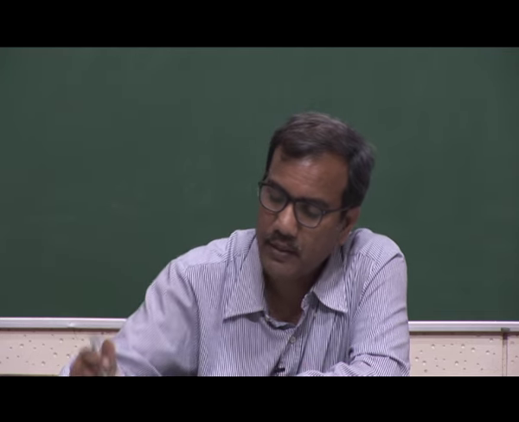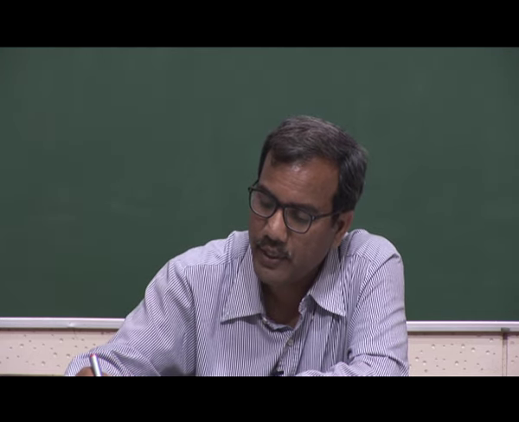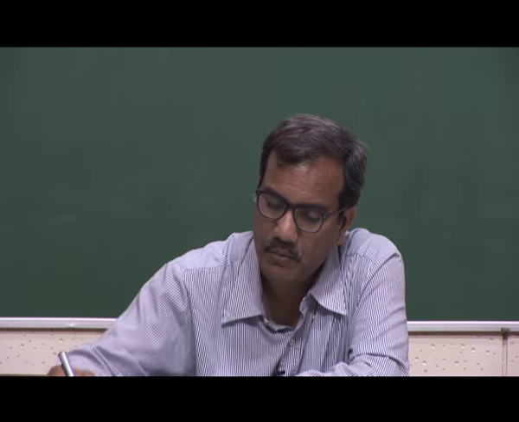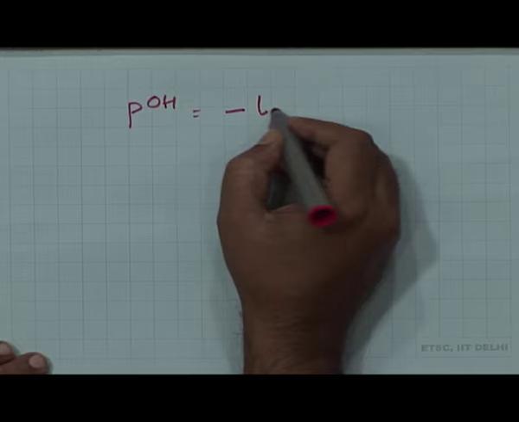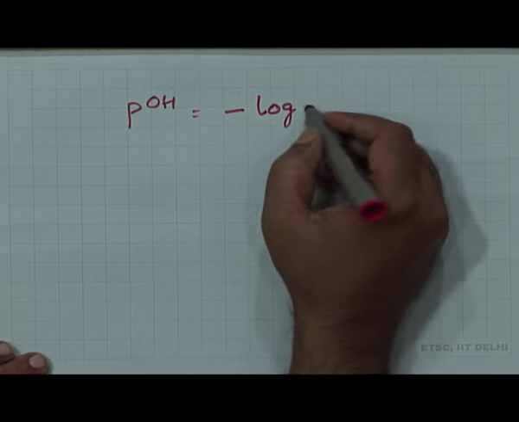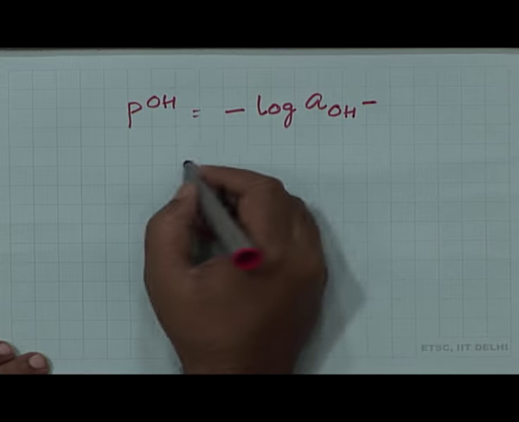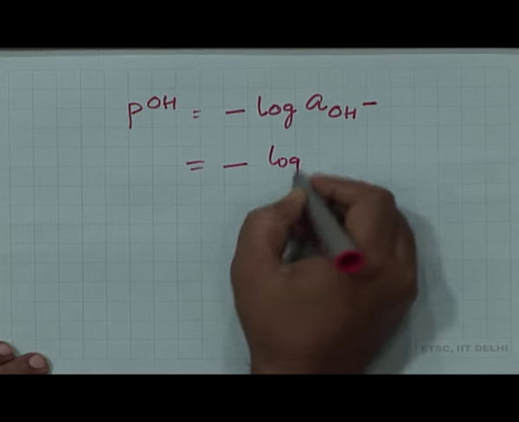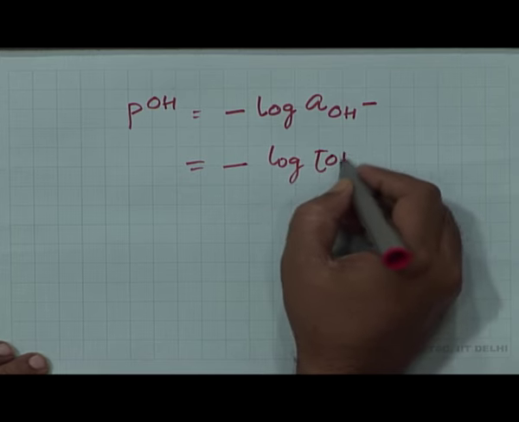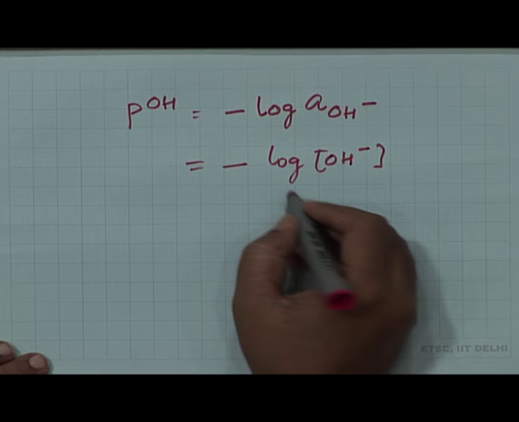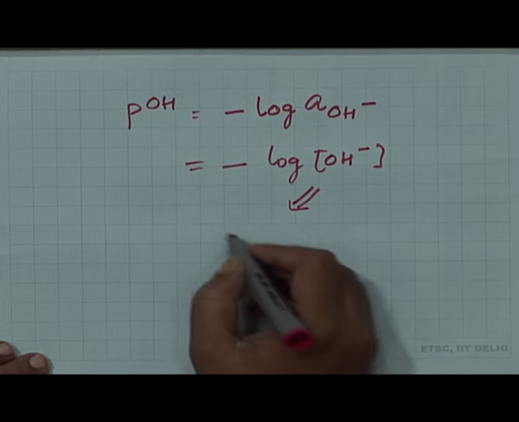And similarly, we can define pOH, and that is simply minus log activity of OH minus ion, and again in dilute solution this is equal to minus log OH minus concentration.